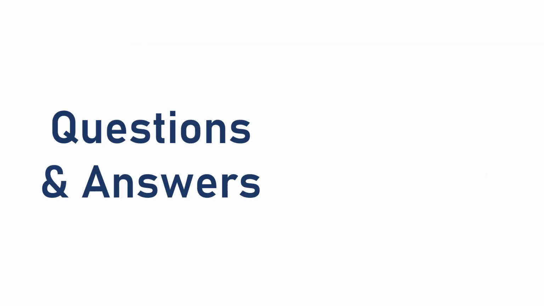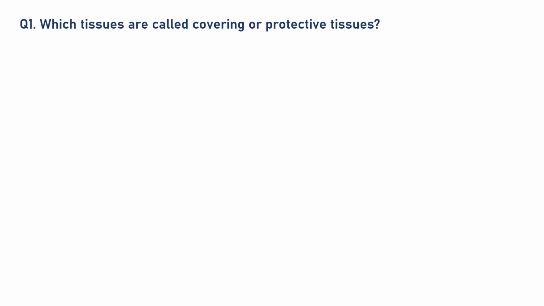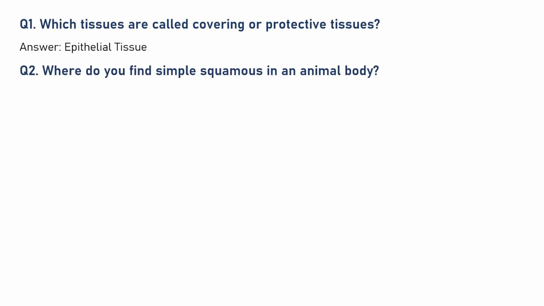Now let's go for the questions. Which tissues are called covering or protective tissue? I think you must know by this time, it is epithelial tissue. Next question, where do you find simple squamous in the animal body?